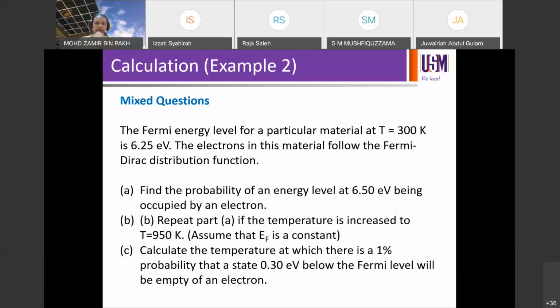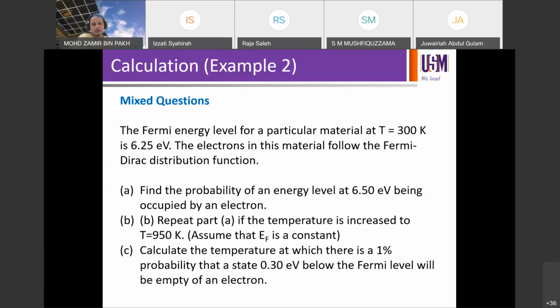So at higher temperature, since more and more electrons are excited to higher energy states, the probability of finding an electron at that particular energy level should be higher than your reference.